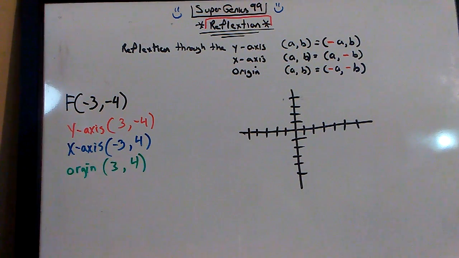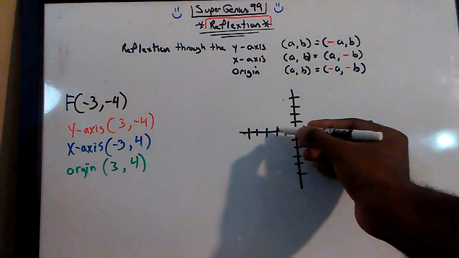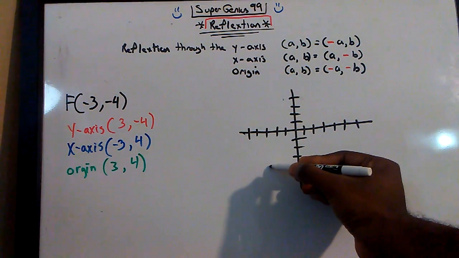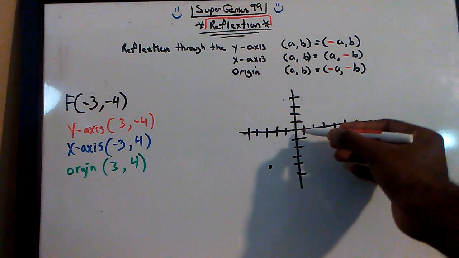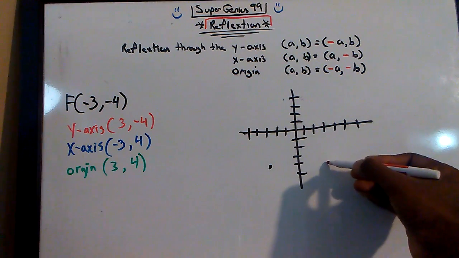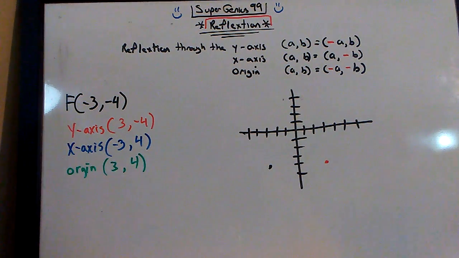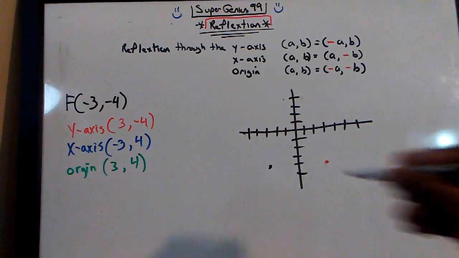Okay, so let's go ahead and graph that. So F is -3, -4. So -3, -4 right there. Reflection across the y-axis: 3, -4, right there. Let me label my original.